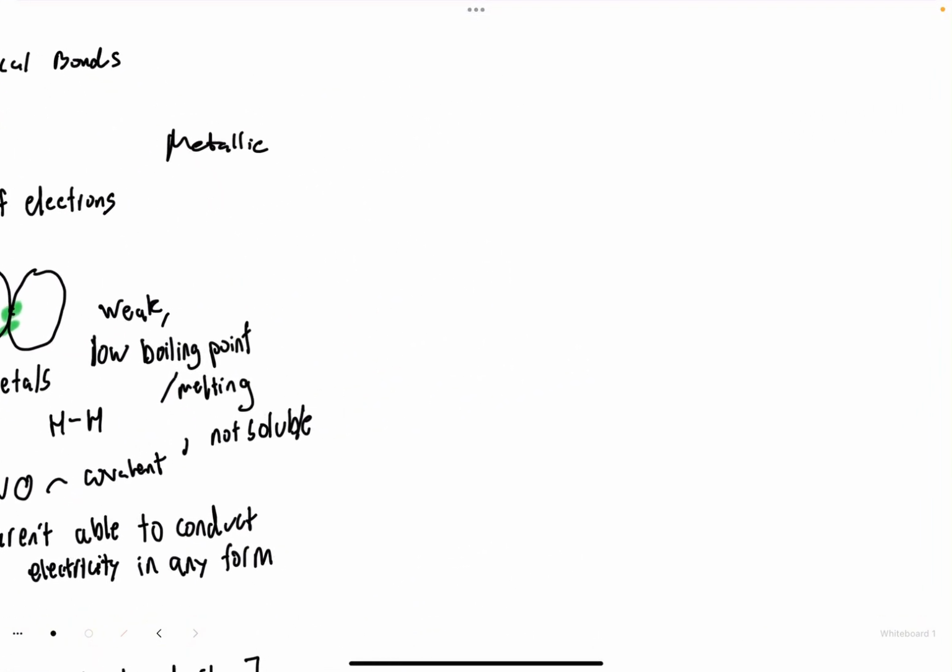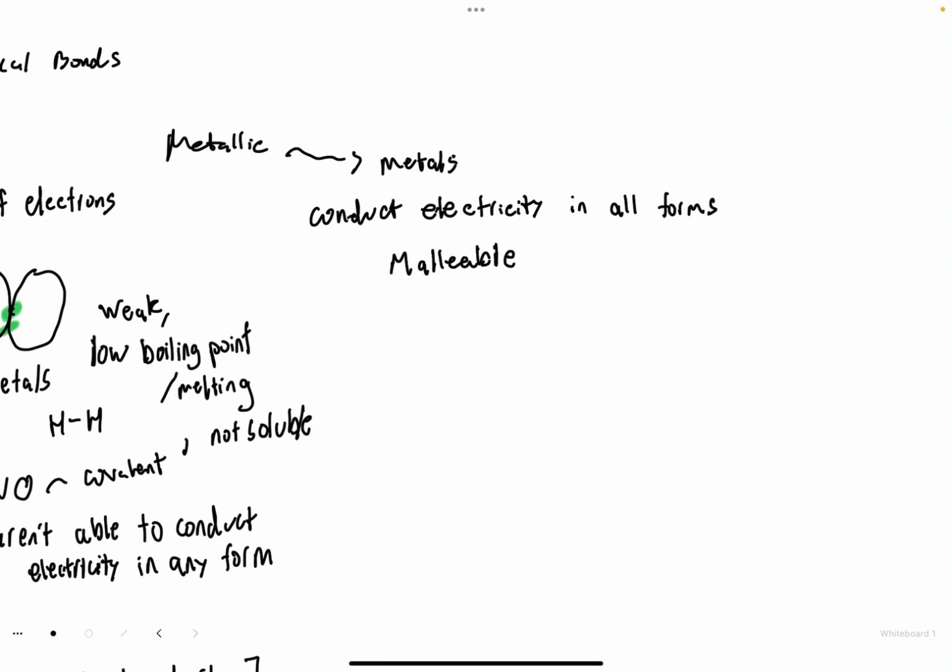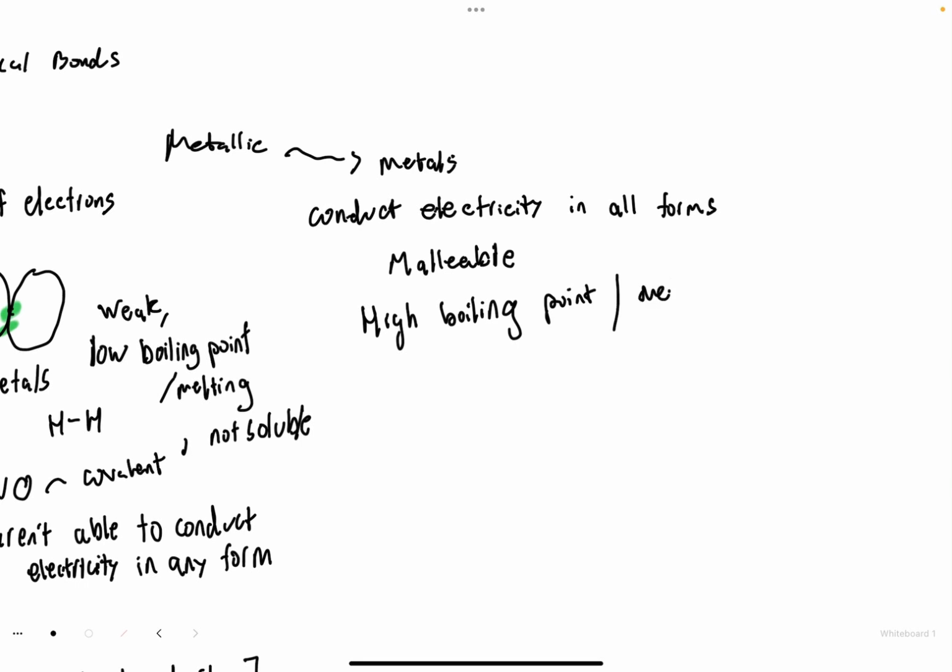So let's go to metallic. Metallic would just kind of be your metals. And so they all conduct electricity. So you would just say conduct electricity in all forms. And so it doesn't matter in which form you could use. It's also malleable. And it has a high boiling point and melting point, so nothing super crazy about metallic.